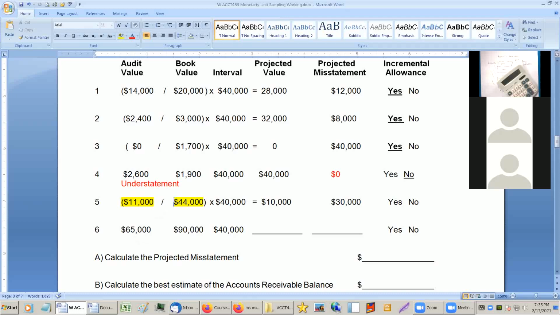The book value is 44,000. We do the audit, we find it's only worth 11,000. How much is that one item misstated by? 33,000. Yep. Notice that the actual is 44,000.